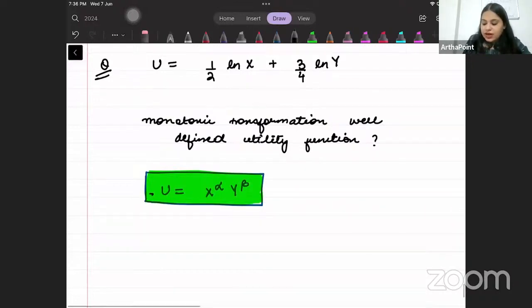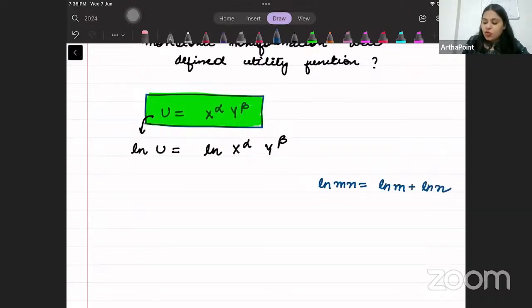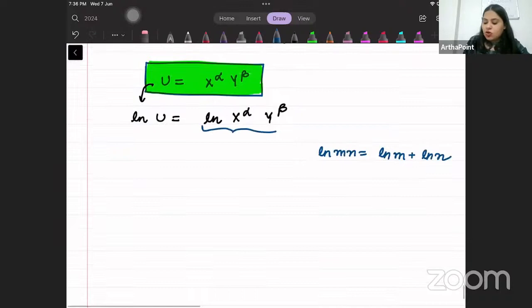If I take log on both sides, then ln U is equal to ln of X to the power alpha, Y to the power beta. The property of log is that log mn is log m plus log n. So this opens up into log X to the power alpha plus log Y to the power beta.